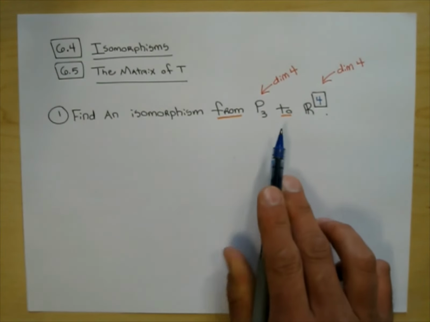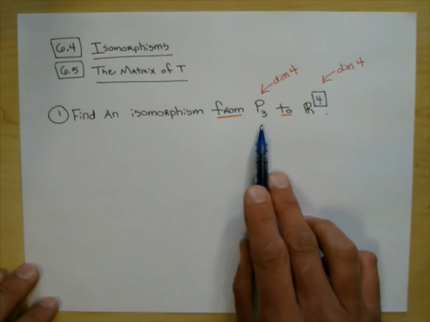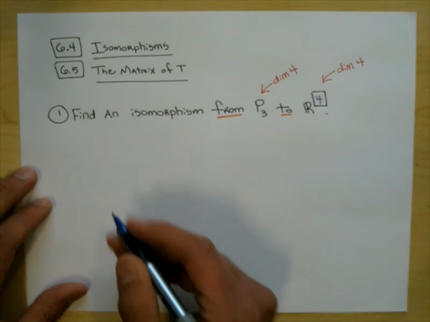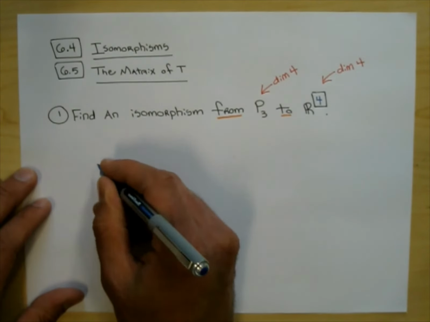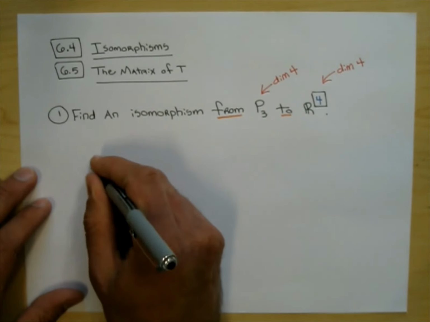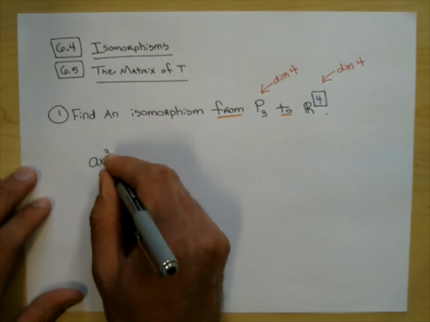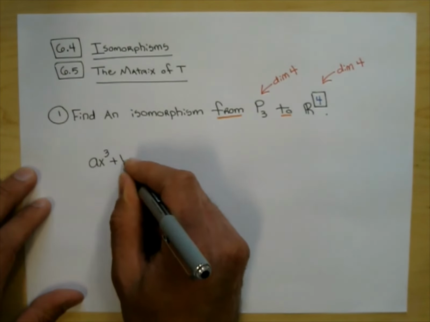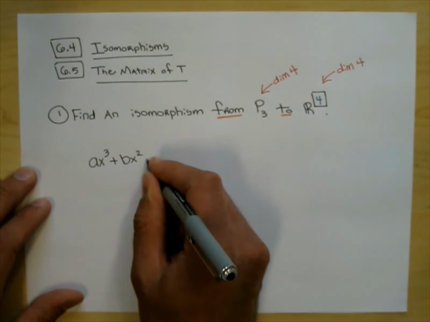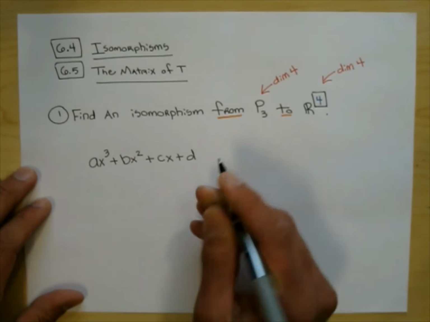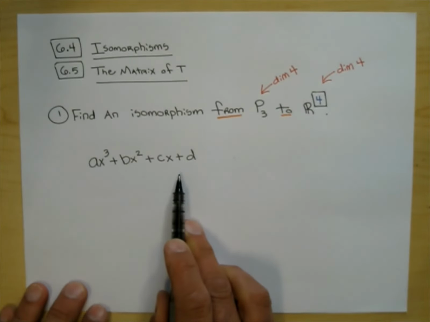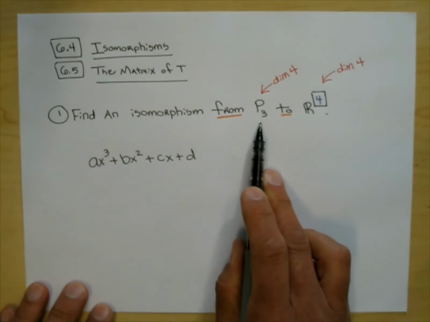So let's take a look at a general element in P3. P3 happens to be polynomials of degree 3 or less. So a general element is ax cubed plus bx squared plus cx plus d. That is a general element of P3.